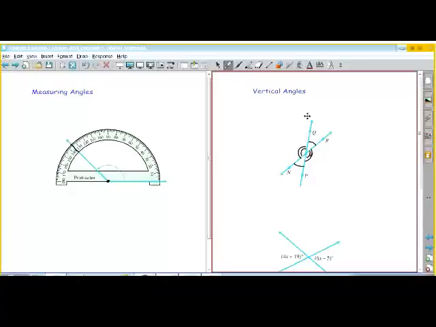So the rule here is, well, which angles are vertical with each other? There's some noise there. So let's look at the angles. We have angle QMR, which is this angle. And the angle that's opposite, which would be angle NMP, are vertical angles.